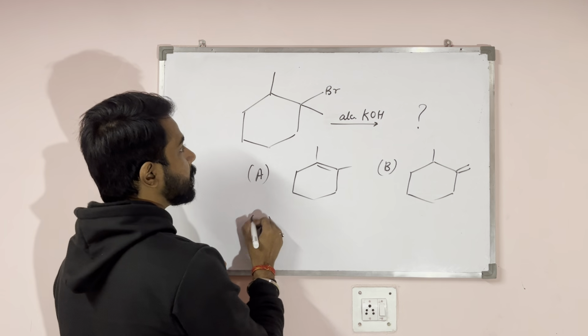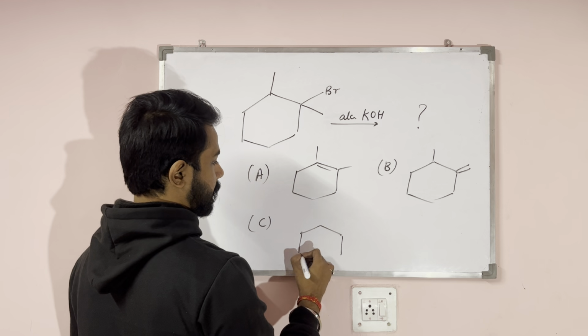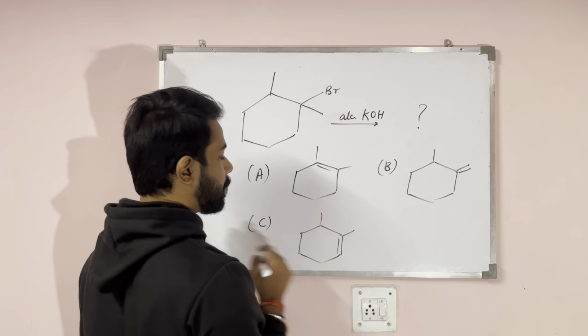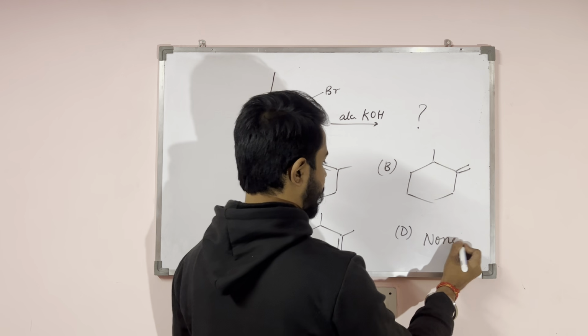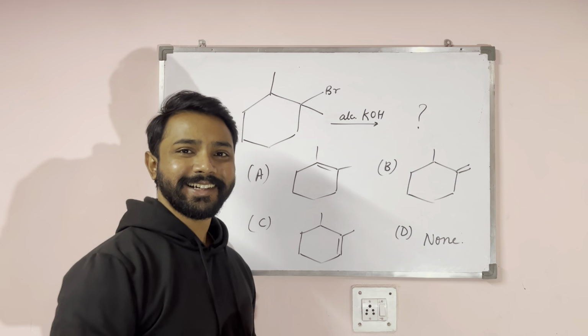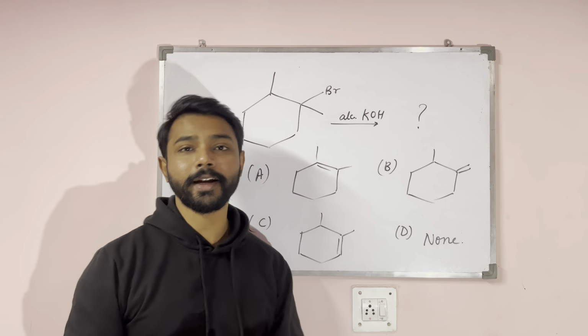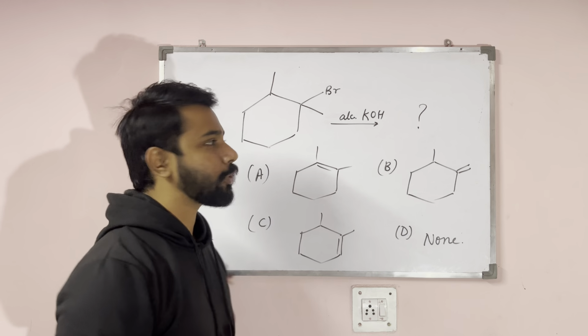Then option C. We are getting, okay, this as option C, and option D, none of the above. Tell me, that's a very interesting question. Use the formula like what we have studied, the trick that I have given you. Okay, so don't worry, I will tell you how to solve this question.